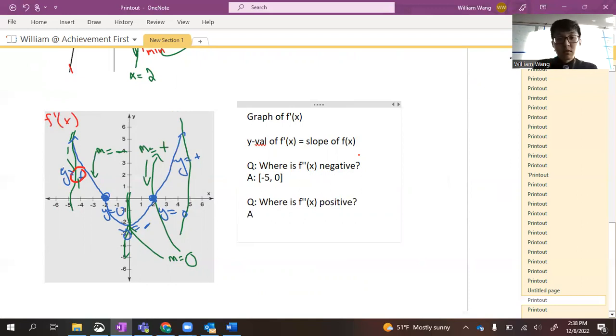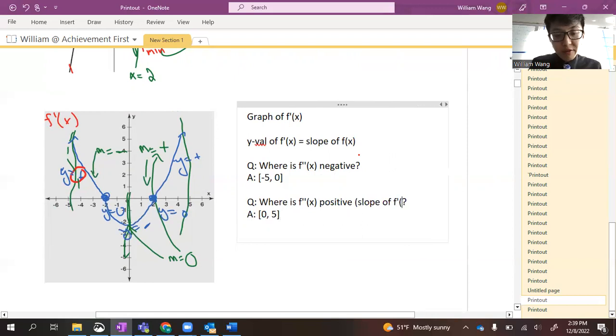Think about that for a moment. Pause the video. All right, I'm going to give you the answer. It's positive from 0 to 5 because f double prime of x, again, represents the slope of f prime of x. And the slope of f prime of x is positive from 0 all the way to 5.